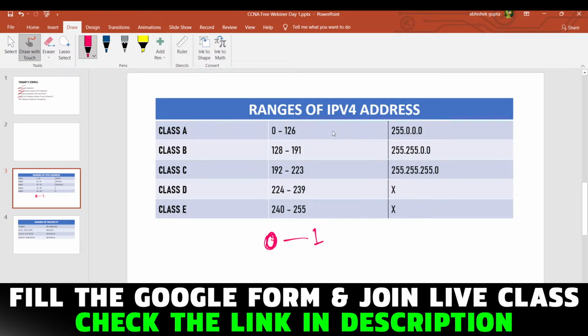Because if you see on many websites, somebody will tell you class A IP address starts from 0 to 126. Somebody tells you 1 to 126. Which one is correct? What do you think? Let me know. Try to figure it out. I'm just giving you 1 minute, and let's see who can give me the correct answer.